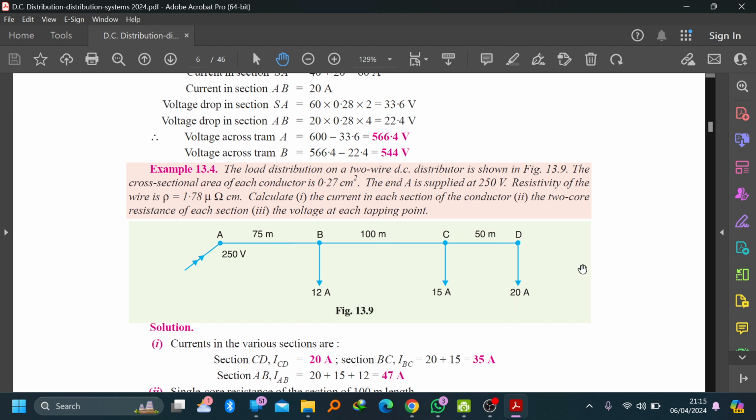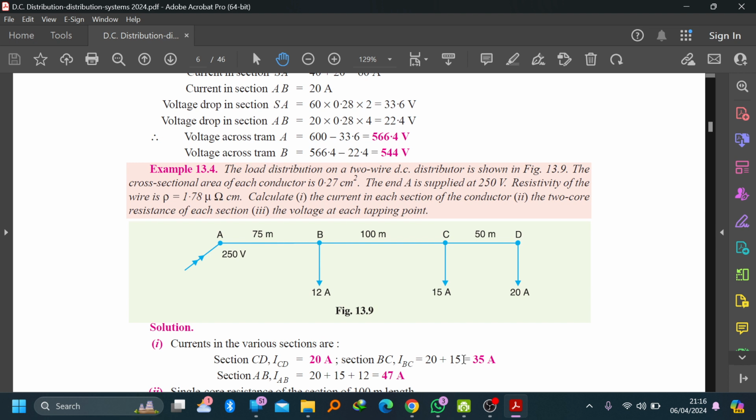Yes, ask a question. When we go back to maximum voltage drop, does it mean that you have to add all the drops from A to B, then the total is the maximum voltage drop?